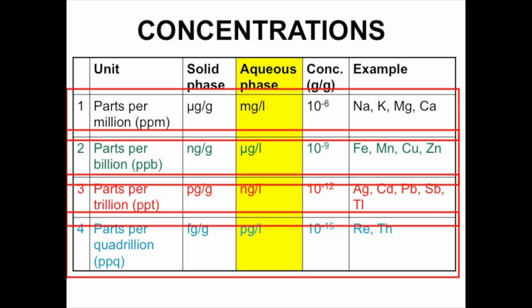Then parts per trillion, which I deal with on a daily basis. This is nanograms per liter, for things like silver, cadmium, lead, antimony, and thallium. And for some trace metals, on a daily basis, we deal with parts per quadrillion, which is 10 to the minus 15 grams per gram, or picograms per liter.